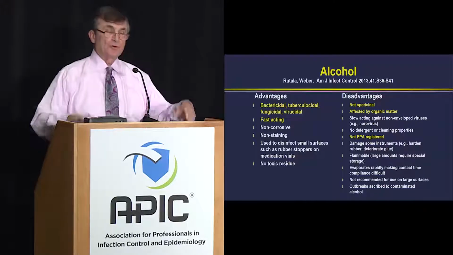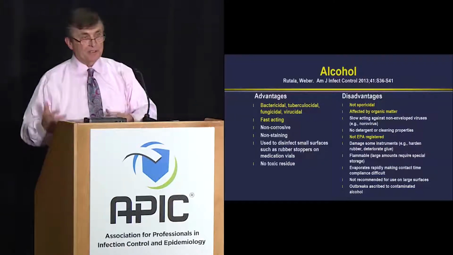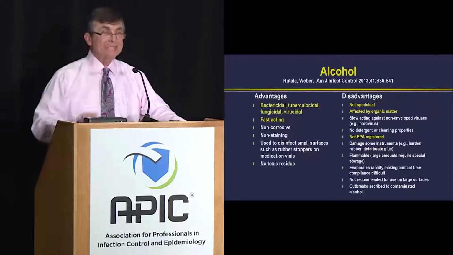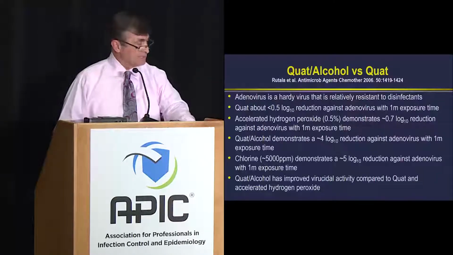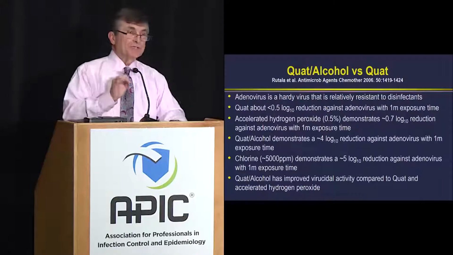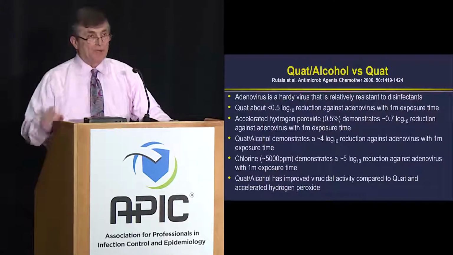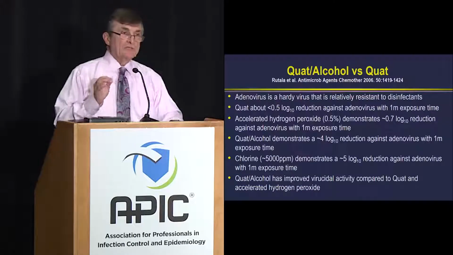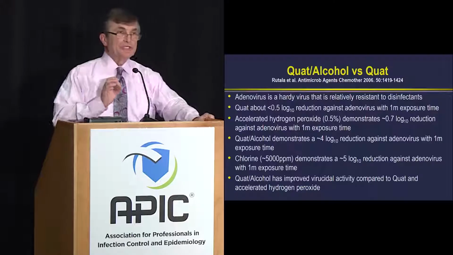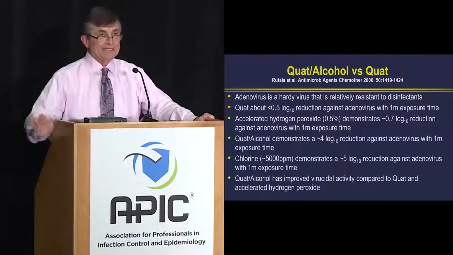Alcohols, we know, of course, they're bactericidal, they're tuberculocidal, they're fungicidal and virucidal. We also know they're fast-acting, which of course is very nice. One thing that I wanted to mention, and I've already alluded to this, is of course a quat alcohol is more active than a quat. Many years ago, we had an opportunity to study adenovirus, and the activity of various germicides, approximately 20 against adenovirus.